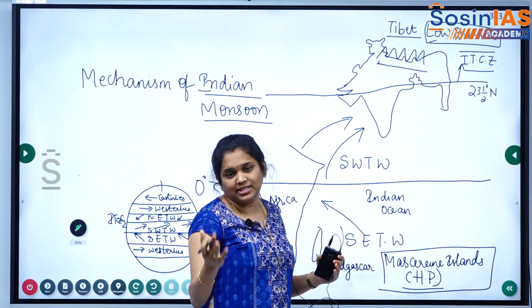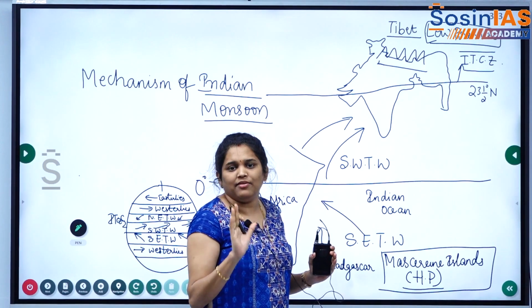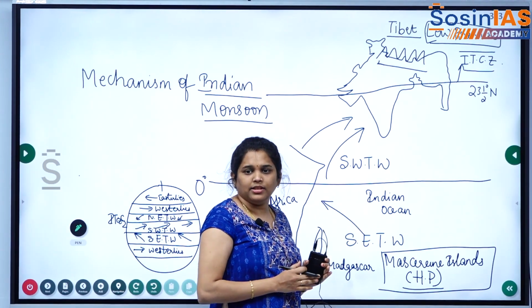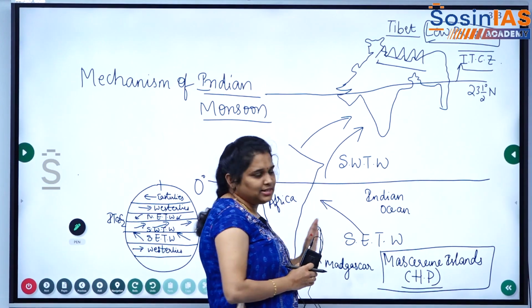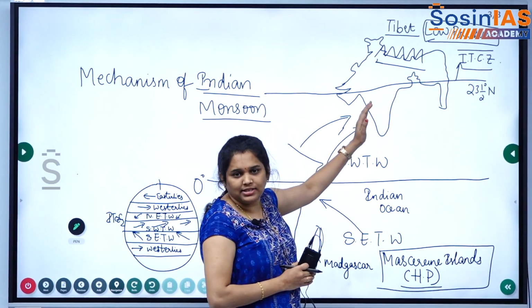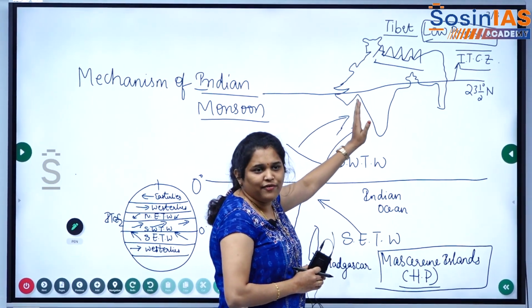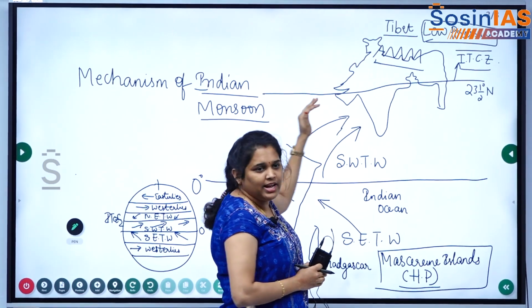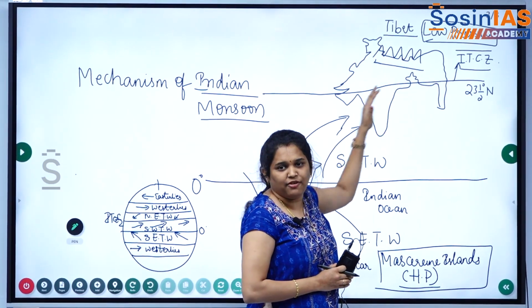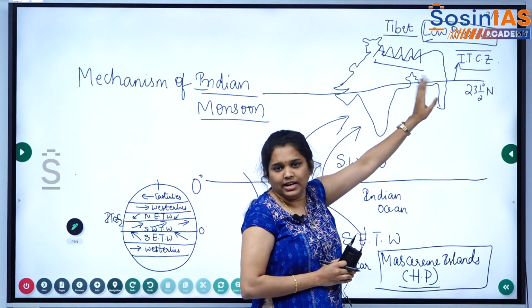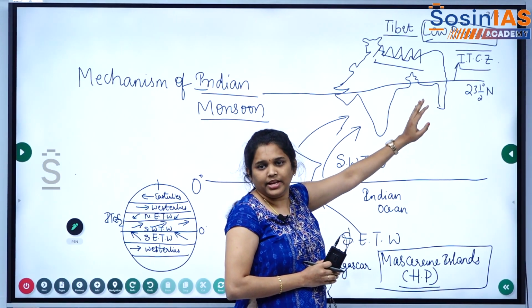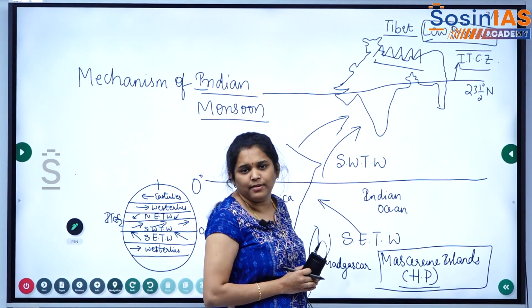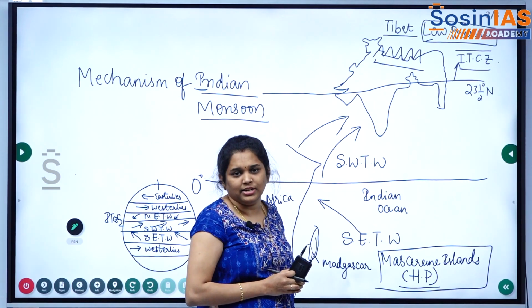When monsoon enters the Indian subcontinent, instead of crossing India and going forward, it turns and sheds rainfall all throughout the northern plains, and it will end up in the Meghalaya region.